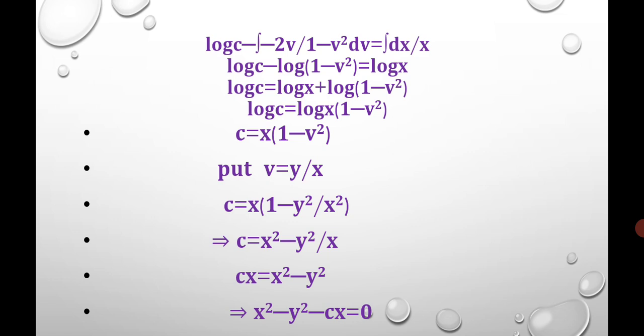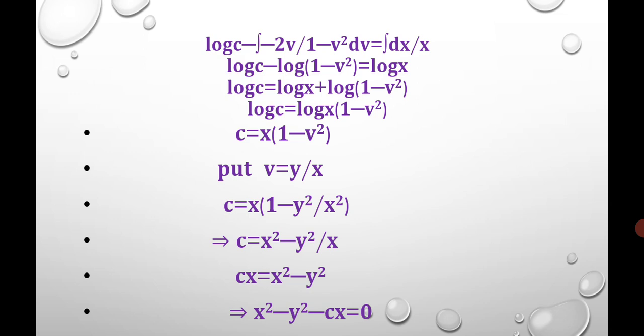On putting v equals y by x, as y equals v into x, v equals y divided by x. Then we have c equals x into 1 minus y square upon x square. This implies that c equals x square minus y square upon x, which gives cx equals x square minus y square.